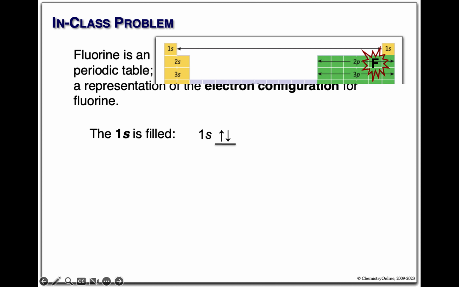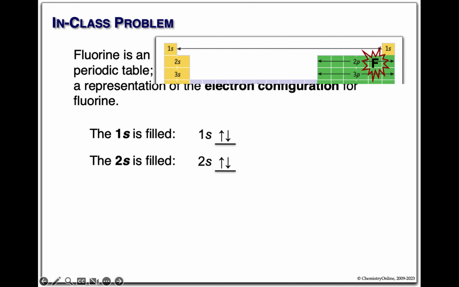The 2s is also filled. In the 2p's, we have 5 electrons.